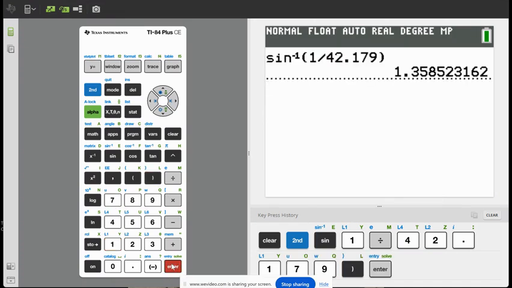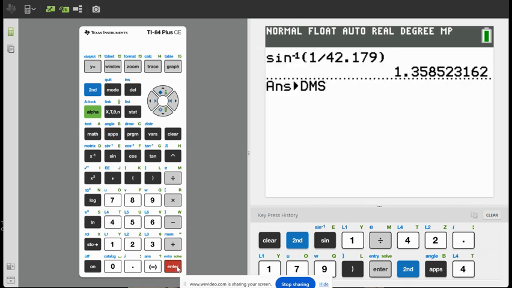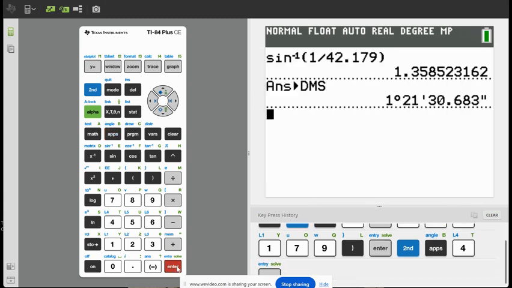Enter. So this would be the decimal, but I don't want the decimal because I want degrees, minutes, and seconds. So you're going to go to second apps, choice 4, and then enter. So we're at 1 degree, 21 minutes, and 31 seconds. You got it.